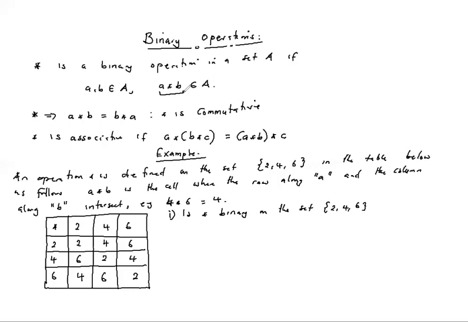If you look at these elements here, when we add 2 star 2, we get 2 in the very set. When we add 2 star 4, we get 4 in the very set. When we add 2 star 6, we get 6 in the very set.